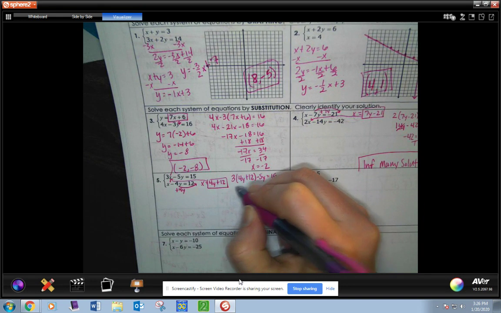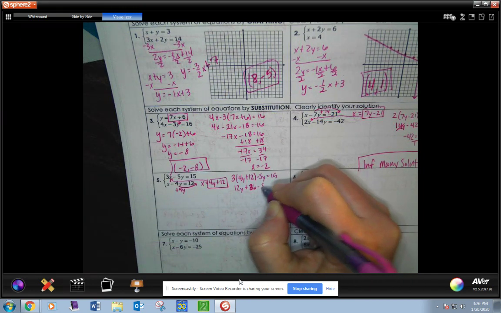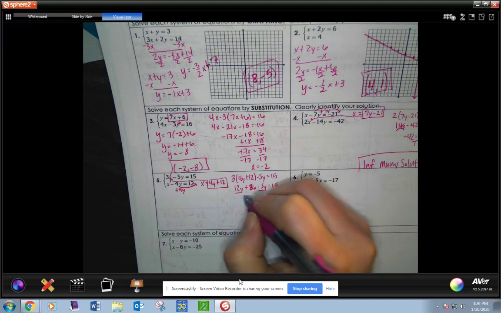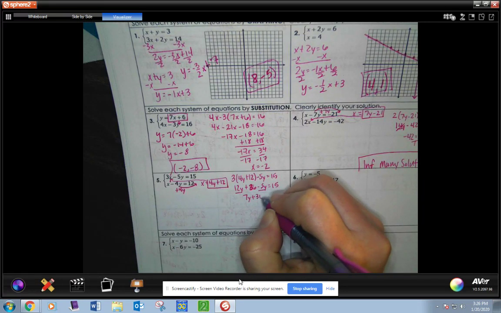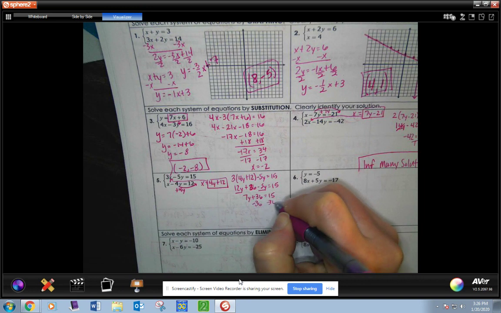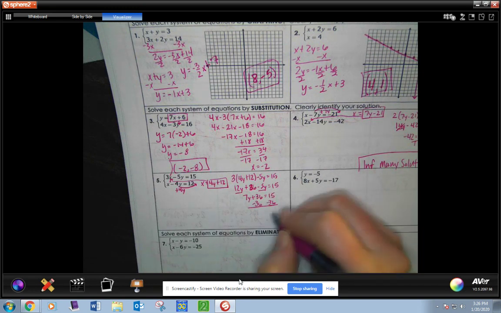This gives me 12y plus 36 minus 5y equals 15. 12 minus 5 becomes 7y plus 36 equals 15. We're going to subtract the 36. So 15 minus 36 is negative 21.